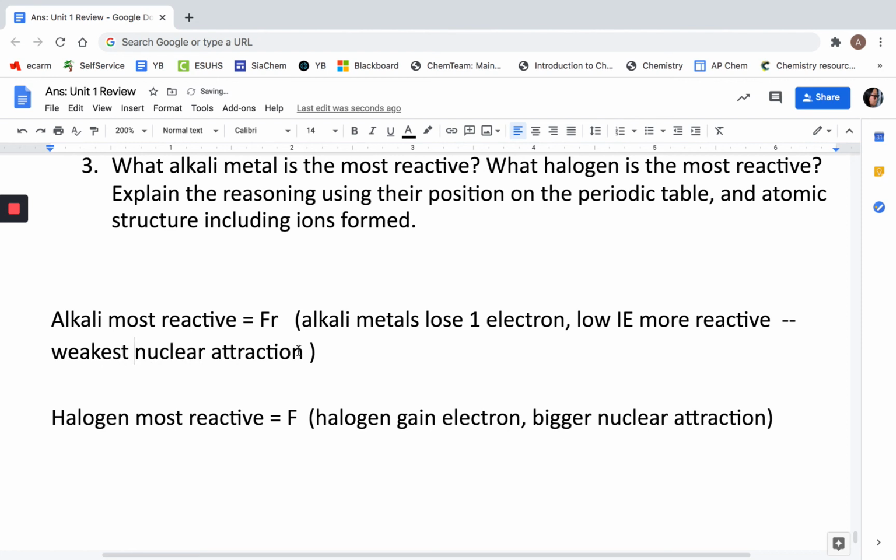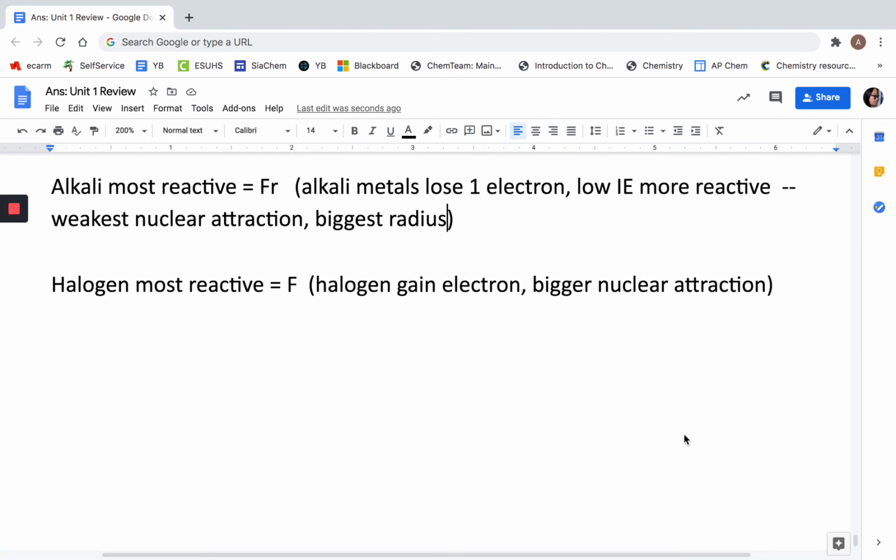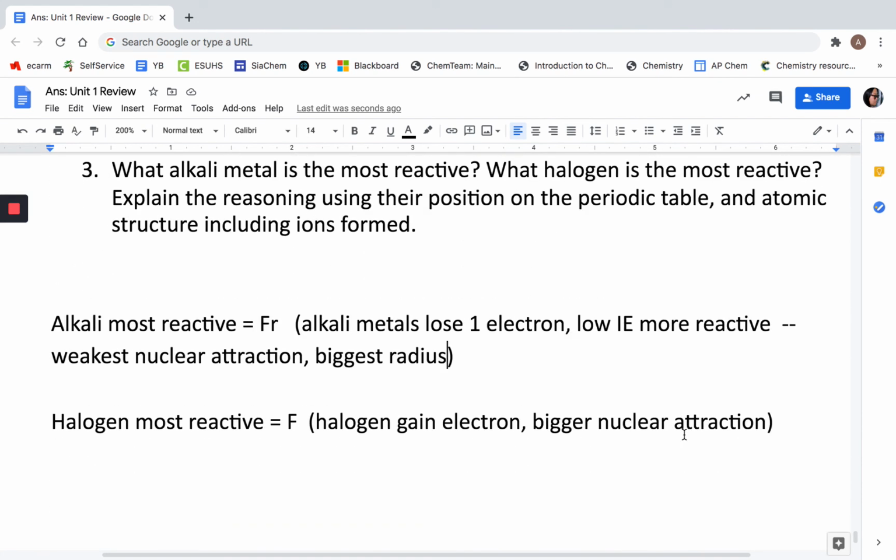Weakest nuclear attractions, biggest radius we're looking for, that is going to be better. This is bigger nuclear attraction, this is better. Okay, so that is pretty much it for this unit.